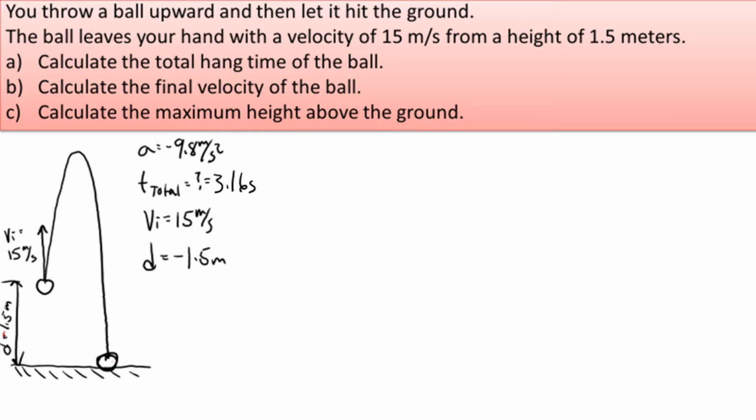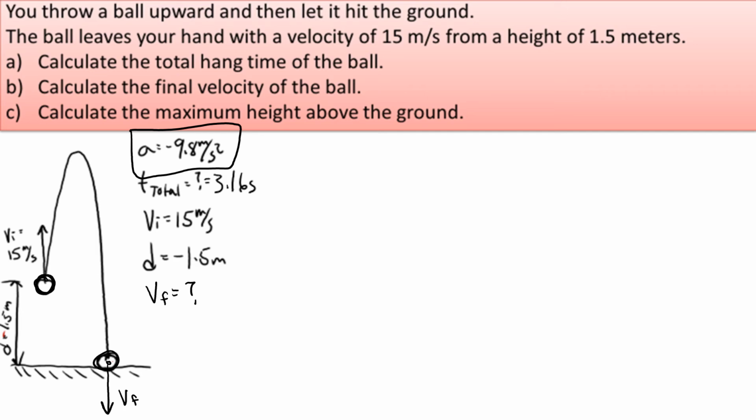Okay, so now we are looking for the final velocity, VF, which is over here. And we know the total displacement from here to here is still negative 1.5 meters. Okay, so that's one piece of information that we know. We do know the initial velocity. We even now know the time, and we know the acceleration.